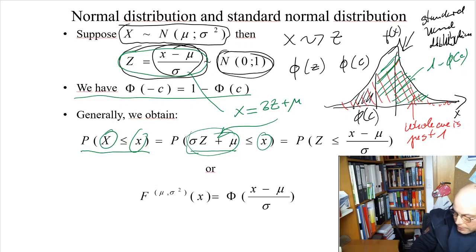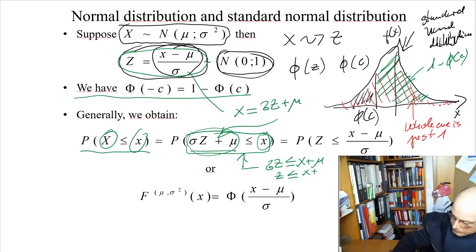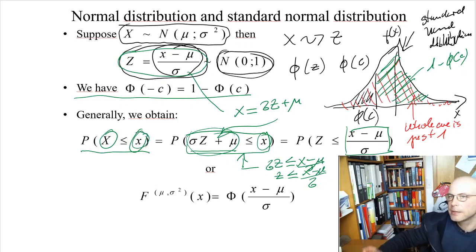Within these brackets, we can calculate that this is sigma z smaller than x minus mu, or z smaller than x minus mu over sigma, that z is smaller than this transformed number, where I just said maybe smaller than 0.4.